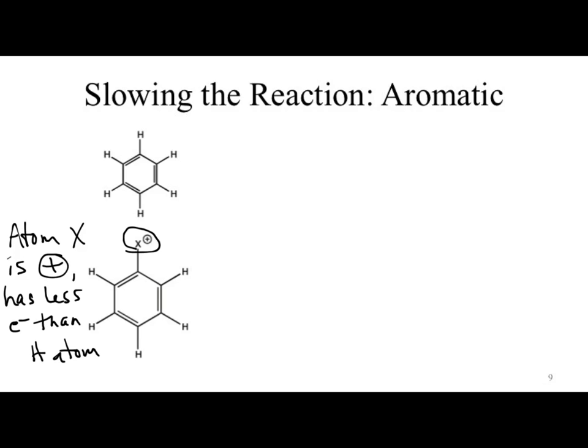Okay? So if the atom immediately bound to the ring has a positive charge, that changes the characteristics of our reaction. I'll draw out that mechanistic step here and give you your fancy transformer names. I've decided they're transformer names. We can draw the electron density from the ring going to the atom X. Atom X no longer has electrons to donate in, so the ring has to shift electrons.